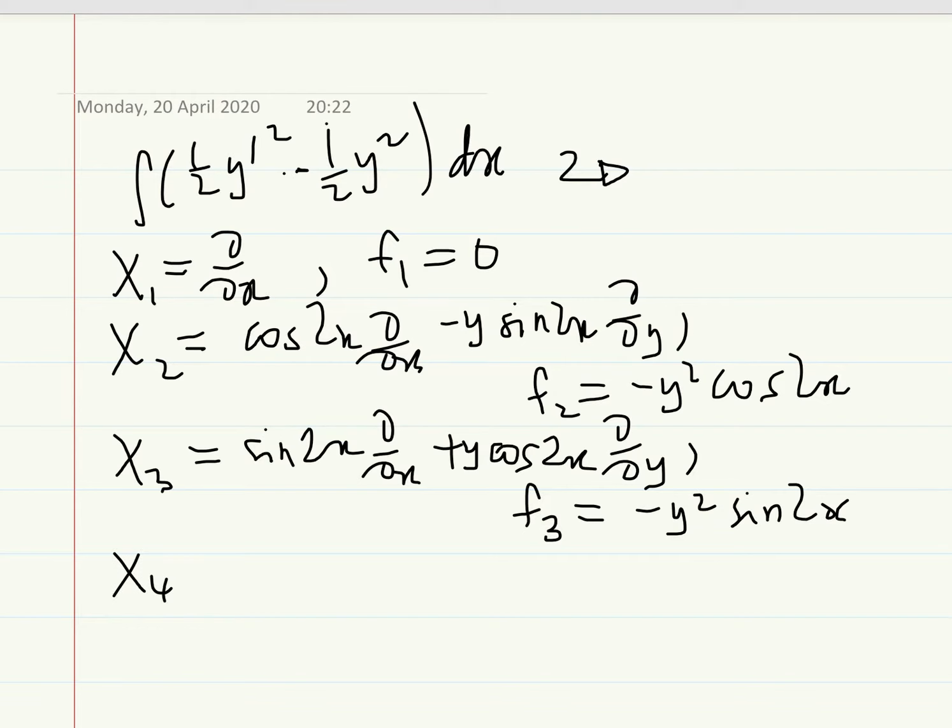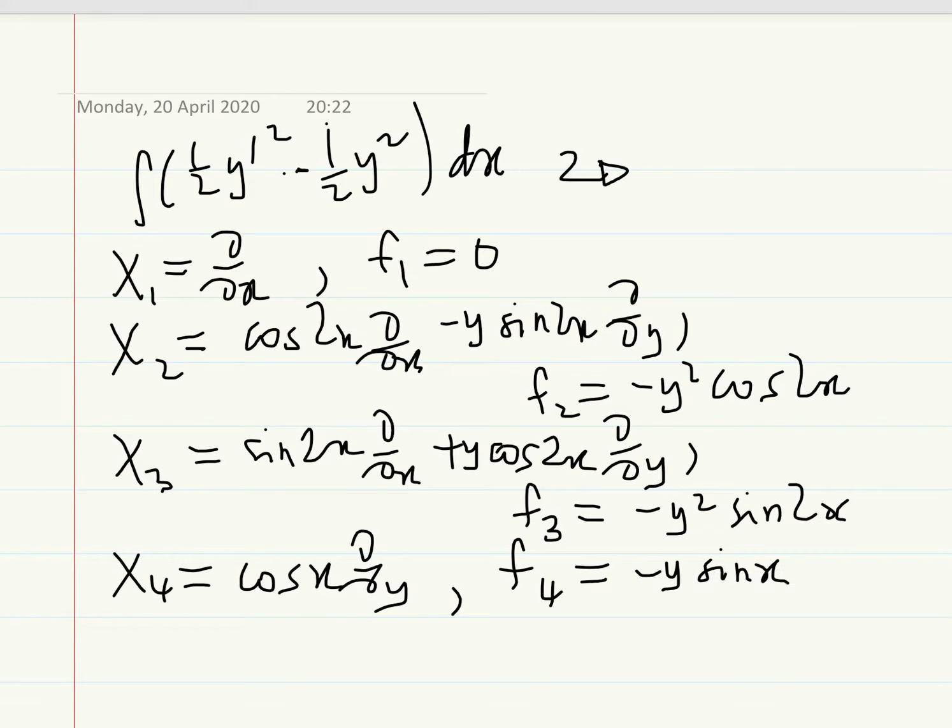x4 is the vector field cos x d dy, and the gauge function f is minus y sine x.